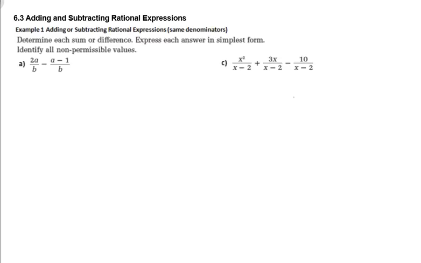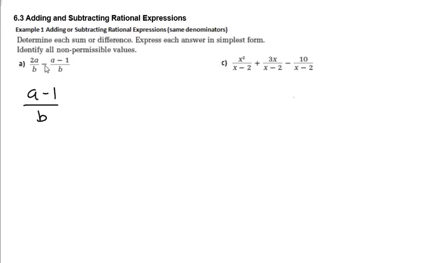And what we want to do is determine the non-permissible values. So it's just a straight up subtraction question. So what we should be able to do is identify that as b cannot equal 0. And then we're just going to simplify. So in the numerator, since we already have a common denominator, our denominator will stay as b. In the numerator, we'll have 2a minus a minus 1.